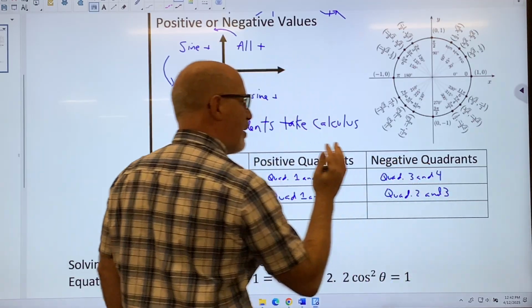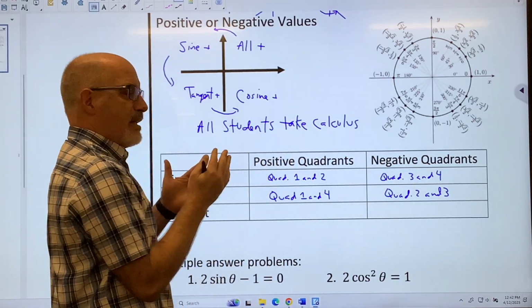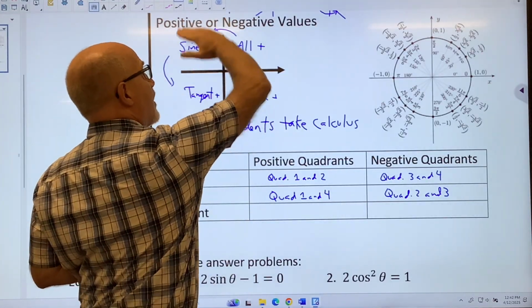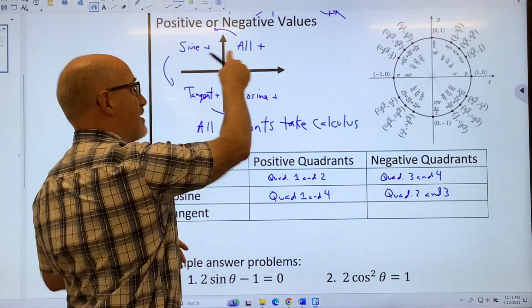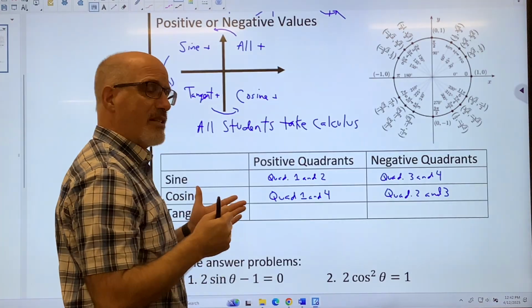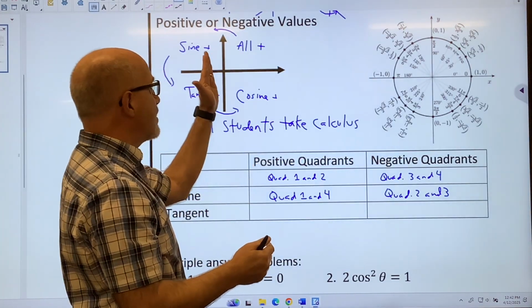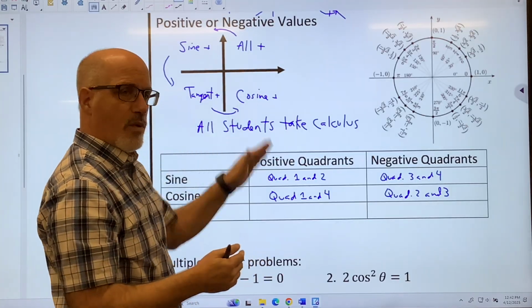Now, how I remember that for sine and cosine: sine is related to the y value. Y values are positive up above the x-axis, that's these two quadrants, whereas cosine is related to the x value, and x is positive in these two quadrants, 1 and 4.